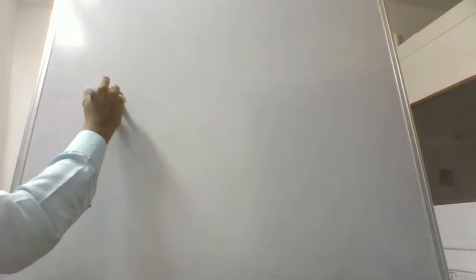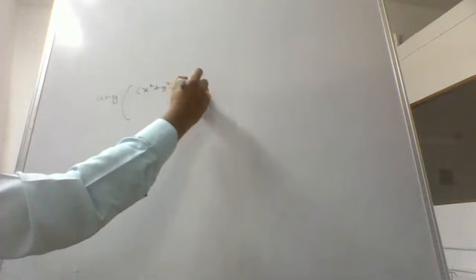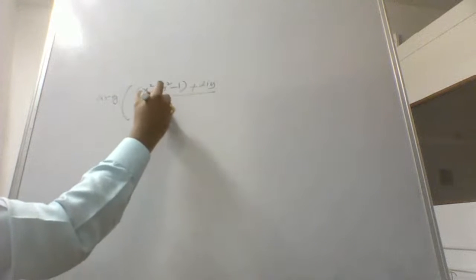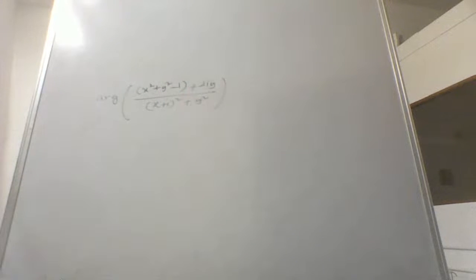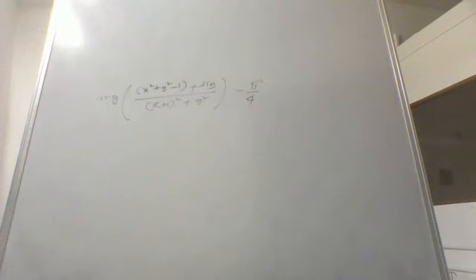So I get arg of (x square plus y square minus 1 plus 2iy) divided by (x plus 1) whole square plus y square. After simplifying, I get this result, which is equal to pi by 4.